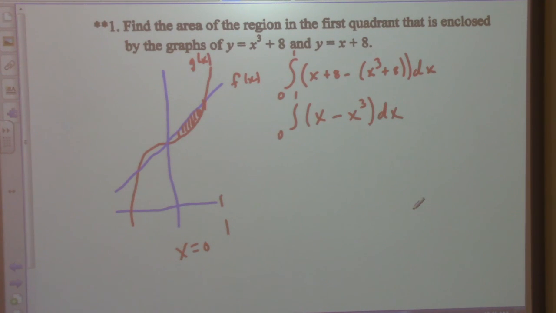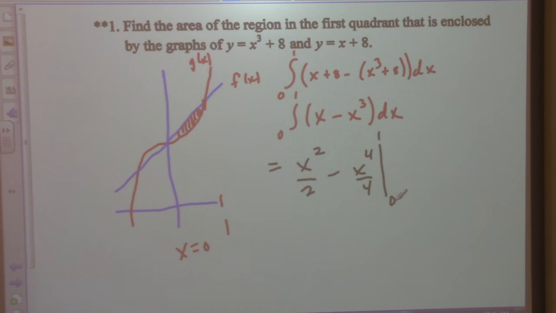Okay. So did you get an answer for this yet? So we get x squared over 2 minus x to the 4th over 4. And we're going to go between 0 and 1.